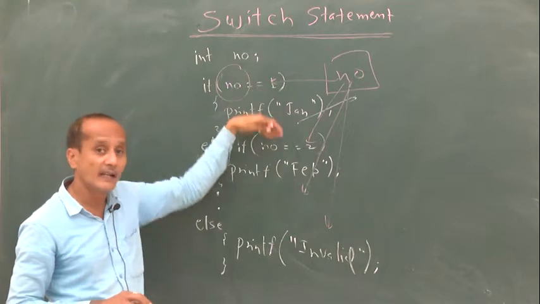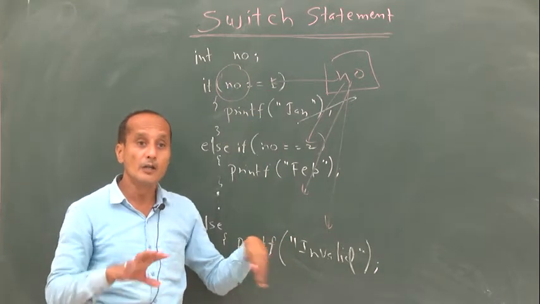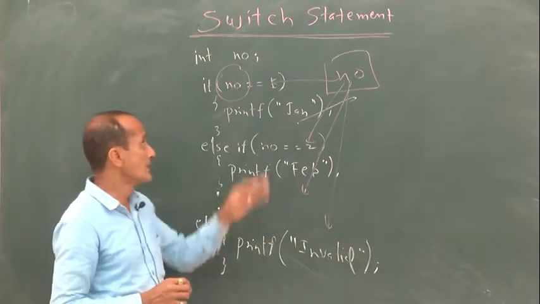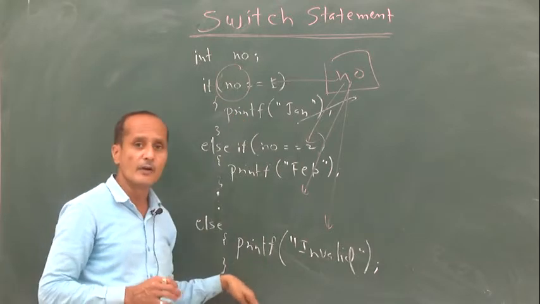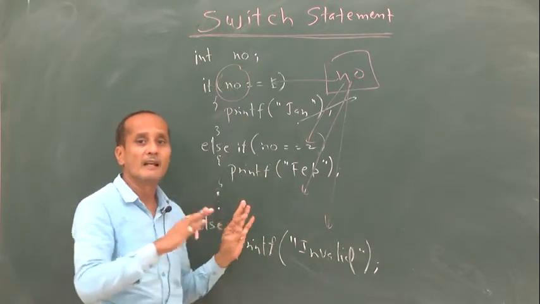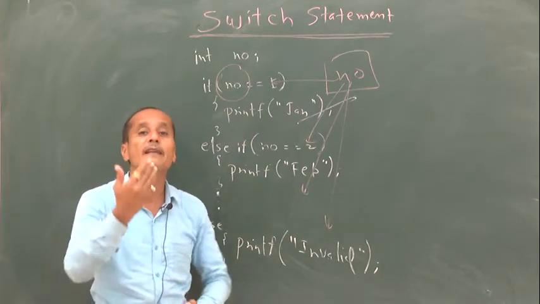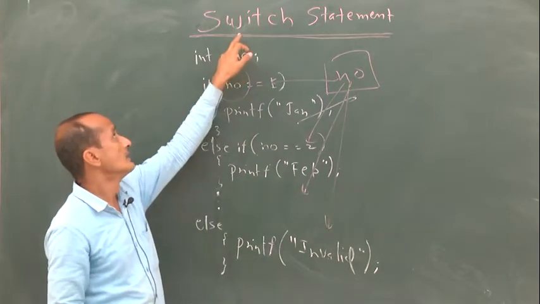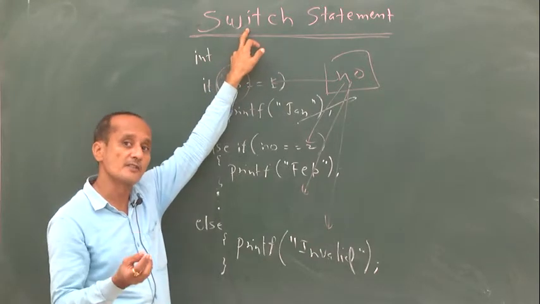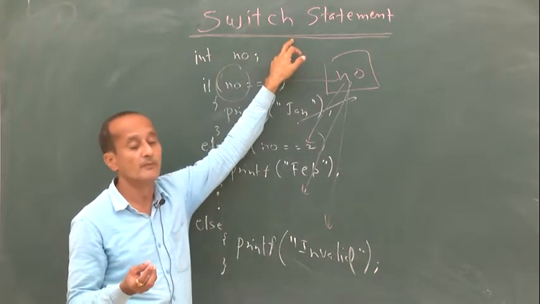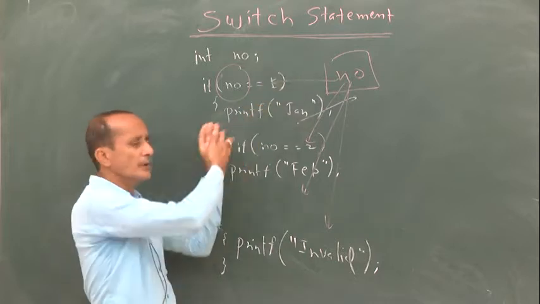So in these kinds of logical requirements, instead of using if, else if, of course you can use if, else if, but rather than that, you can probably make it more readable by using a syntax or a logical construct called the switch statement. Now yes, you can do it with if and else if.